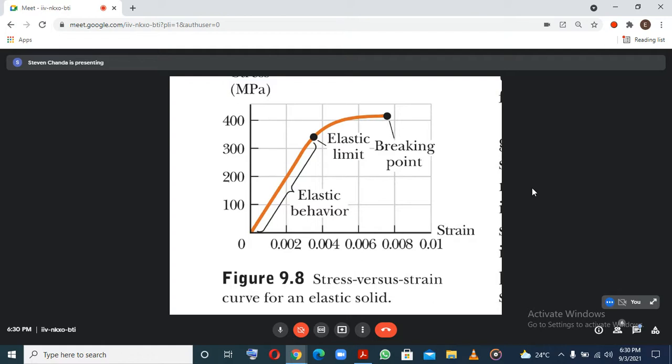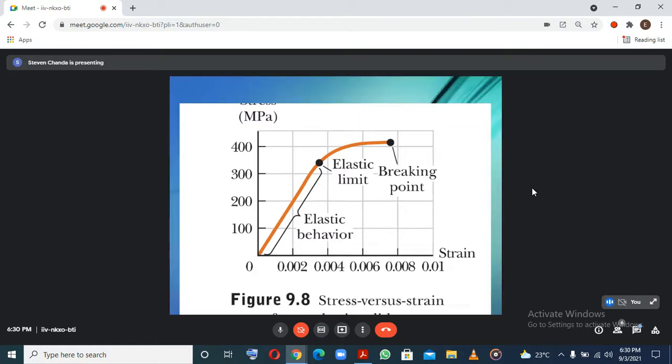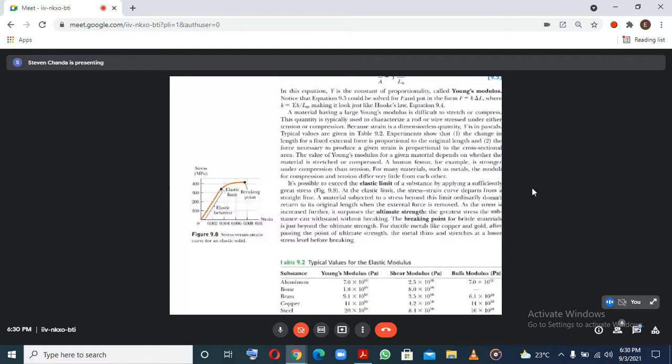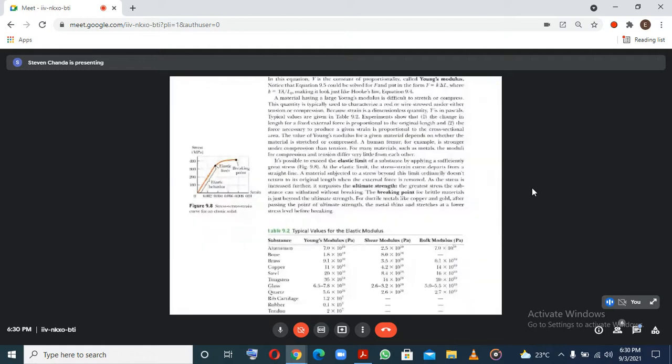But once you cross this point, this proportionality is lost. Once that proportionality is lost, it means that the material is at a critical point. So that's about it, right?